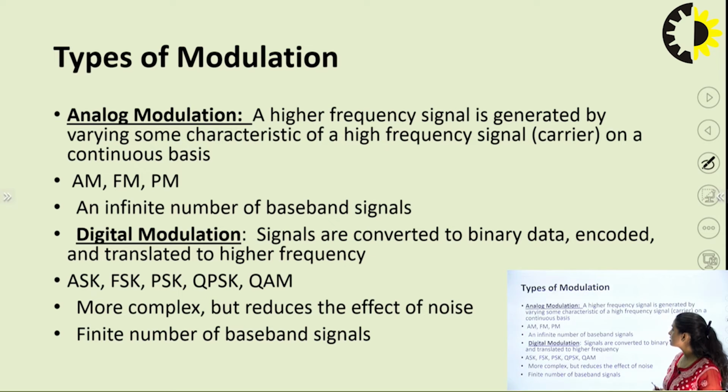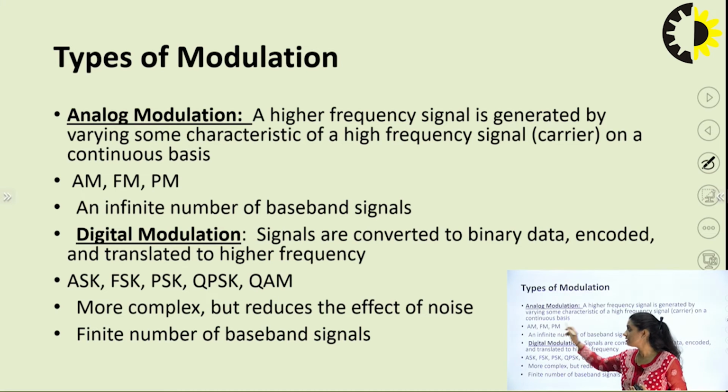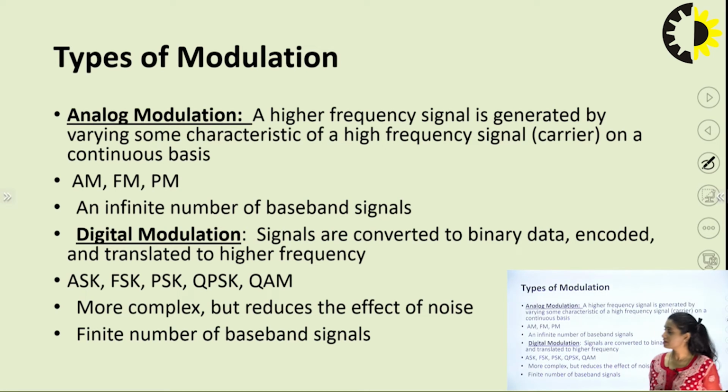In analog modulation, a high frequency signal is generated by varying some characteristic of a high frequency signal on a continuous basis, and if I further classify it, I have amplitude modulation, frequency modulation and phase modulation, abbreviated as AM, FM and PM. Here we have an infinite number of baseband signals, true, because I can have an infinite number of such waves.